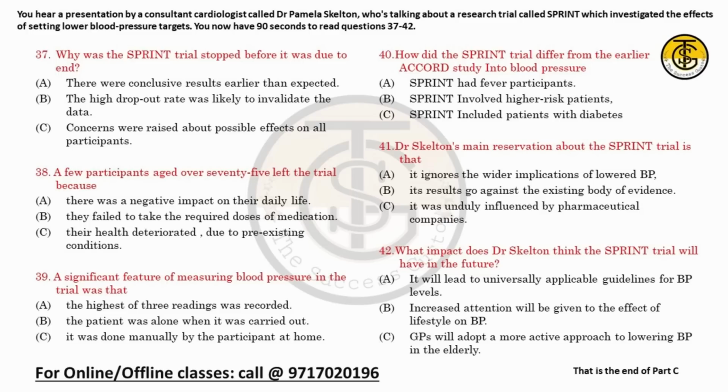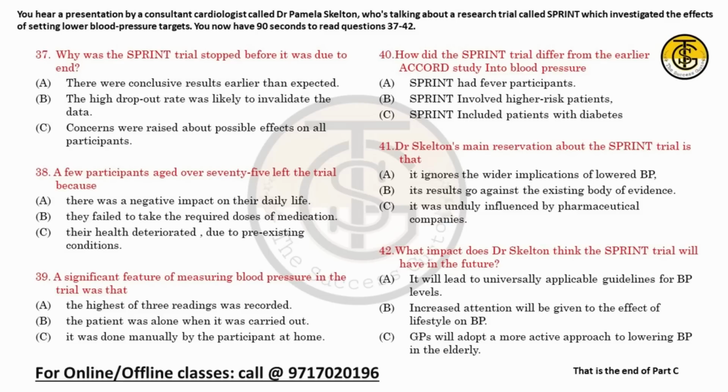Now, some of you may be familiar with the ACCORD study into blood pressure levels several years ago, which in some respects was similar to SPRINT. There are some differences, though. For example, ACCORD was about half the size of SPRINT, and unlike SPRINT, the ACCORD study allowed diabetic patients to take part.